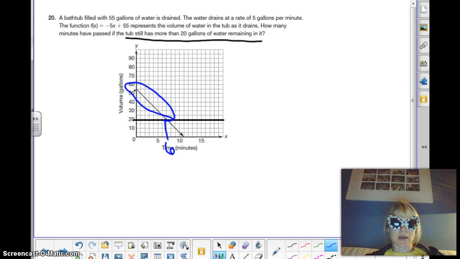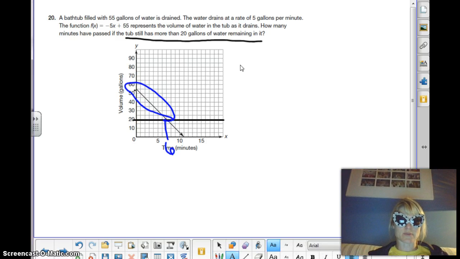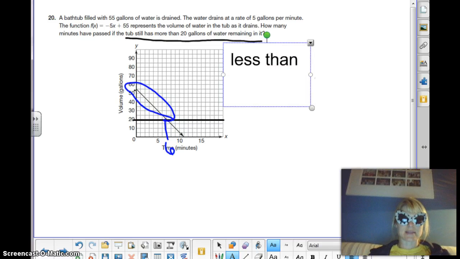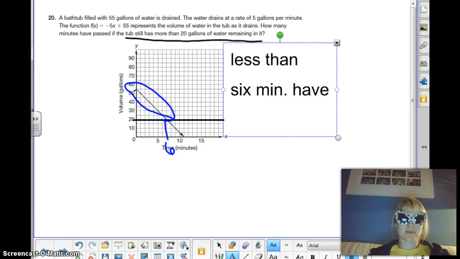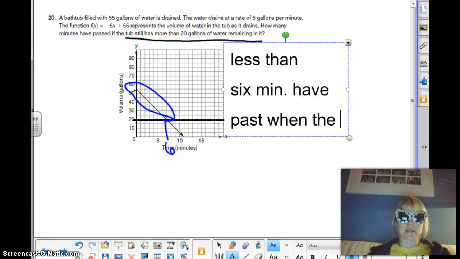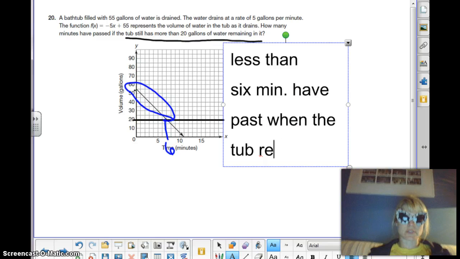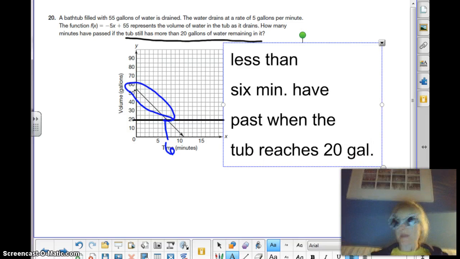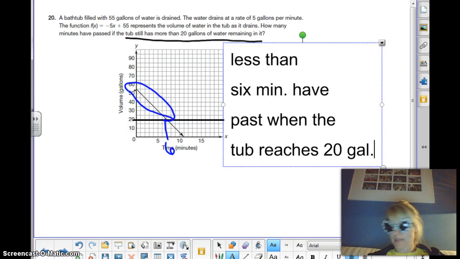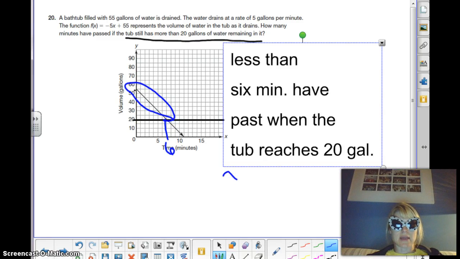Okay, so we need to make a couple statements here. So first we want to say less than 6 minutes have passed when the tub reaches 20 gallons, right? And then to write that as an inequality, we just say x is less than 6.